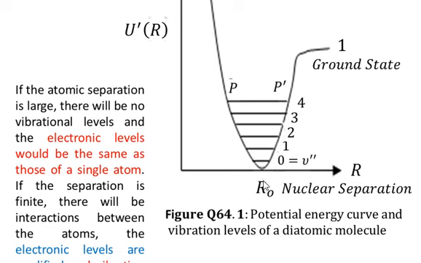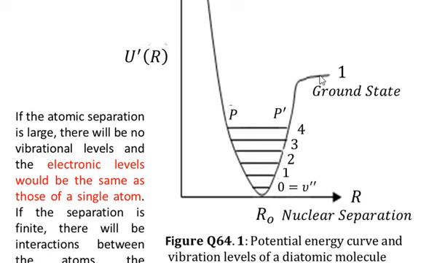The equilibrium distance R naught is also shown. Here 1 stands for the ground electronic state. And you see that if R is much larger than R naught, you will not see any vibrational levels, because you are then under the ground state of the atom.